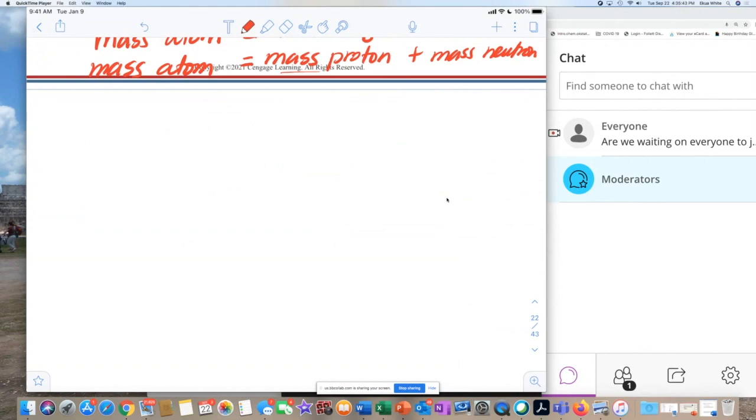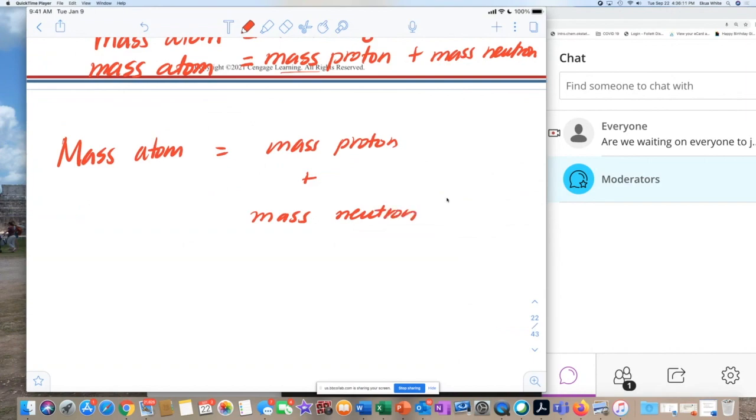So, I'm teaching this on campus, right? And then I say, okay, well, so now we conclude the mass of the atom equals mass of proton plus mass of neutron, right?